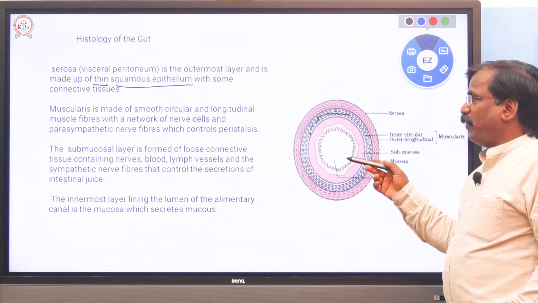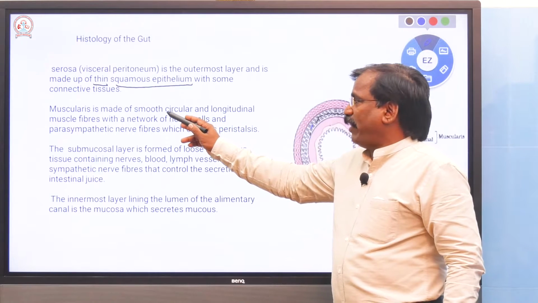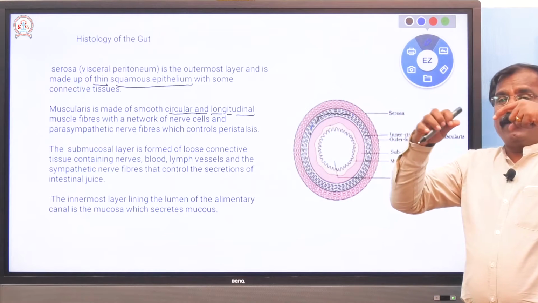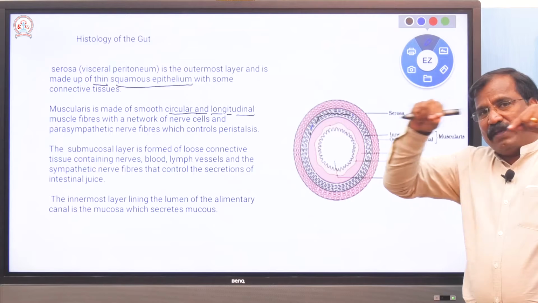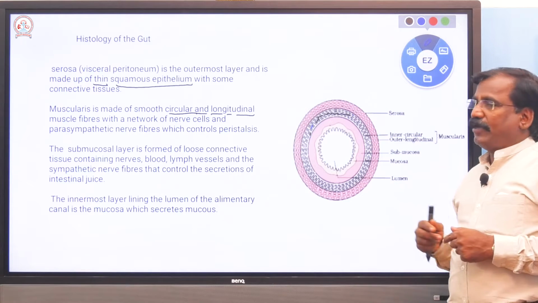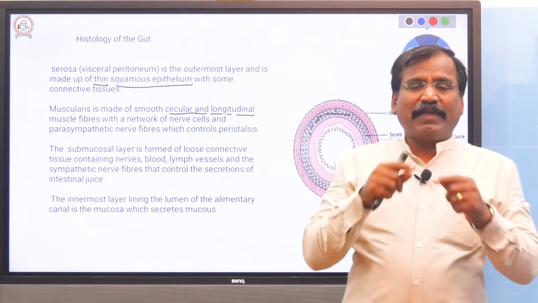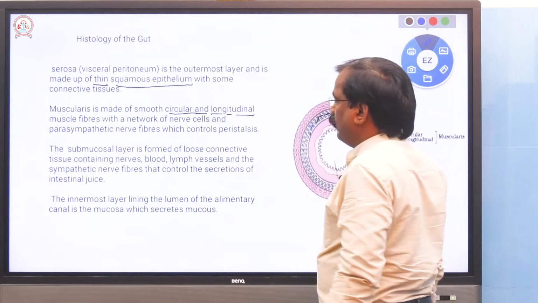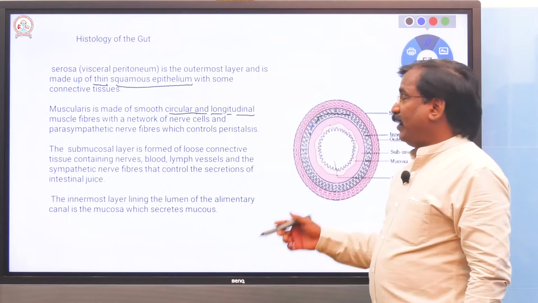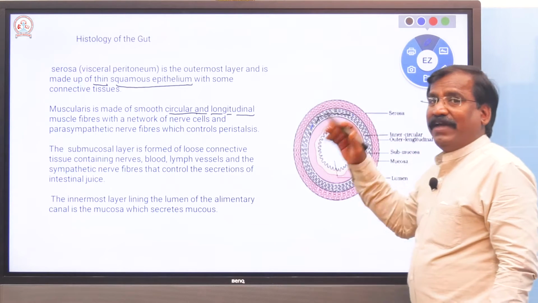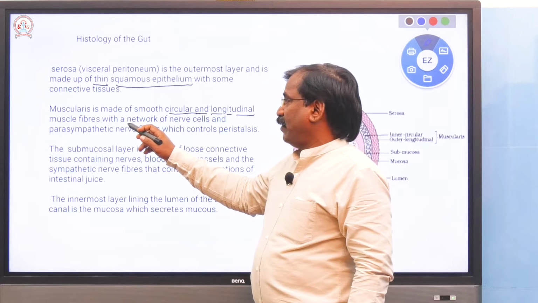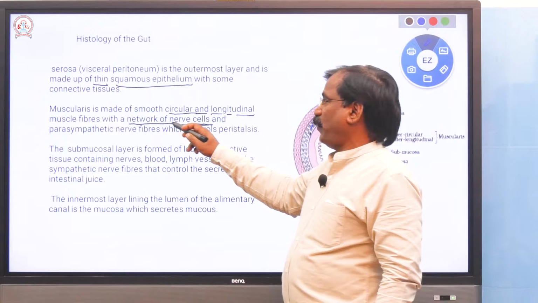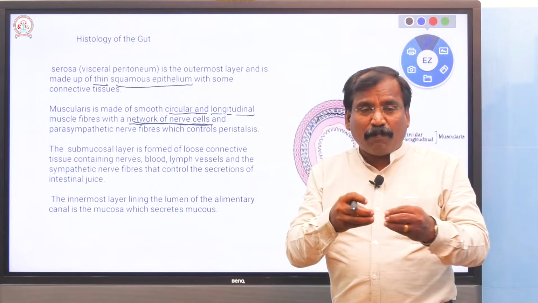It is made up of smooth, circular and longitudinal muscle, circular and lengthwise. Both circular and longitudinal muscle fibers are there, and these muscles are richly supplied with nerve cells and nerve fibers.